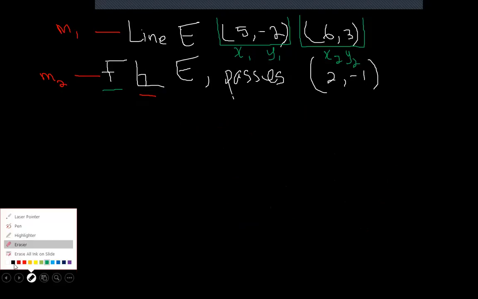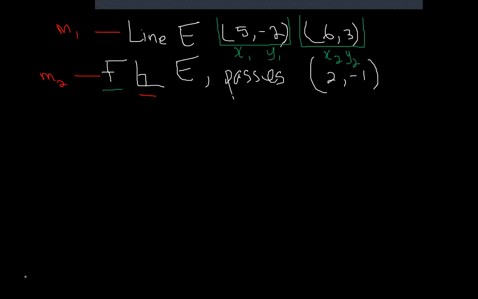Okay, and we already know how to find the equation of a line given a point. This is my point, and we know the gradient, M2, is -1/5.